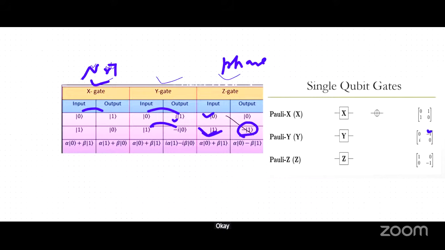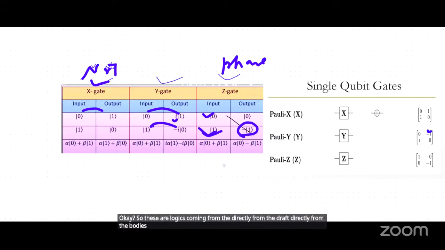So these logics come directly from the Pauli matrices. The Pauli X, Y, and Z gates are taken from the Pauli X, Y, and Z matrices.